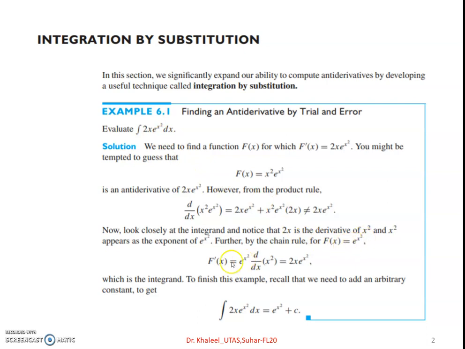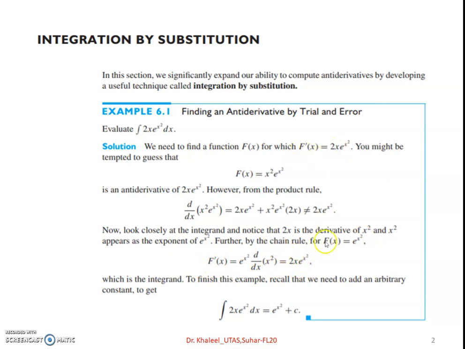To check this, I find the derivative using the chain rule. First I differentiate e raised to x square, then I find the derivative of x square. So f of x is e to the power x square, and f prime is 2x e to the power x square.